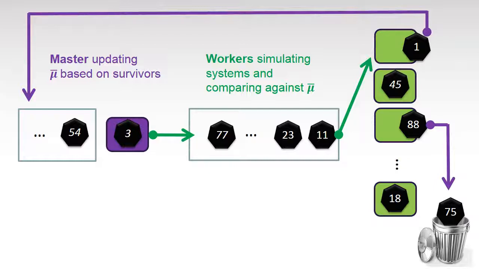A worker simulates a system for a batch of observations, either eliminating the system, like what's happening with system 88, or if the system survives that batch, returning it to the master, who uses the accumulated data to update mu star, the estimated standard, based only on the survivors.